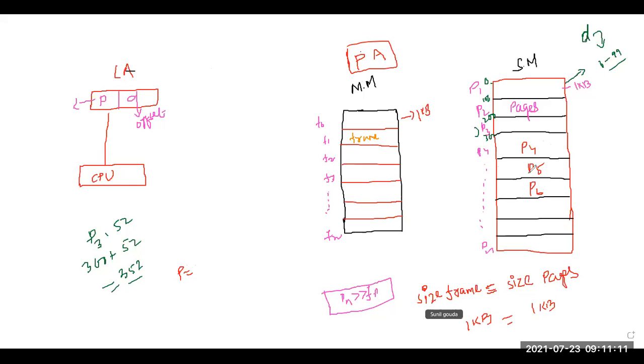Now when we store this, assume these are already occupied memory. Now if I want to store this program P, how many frames do I require? Because the frame size is equal to the page size.